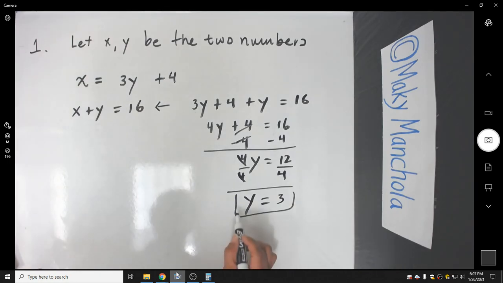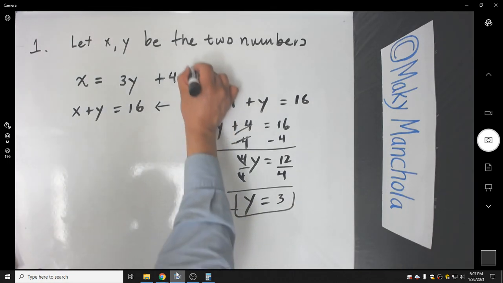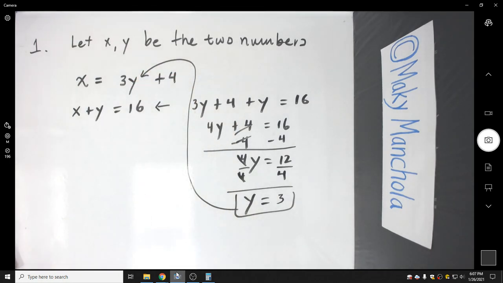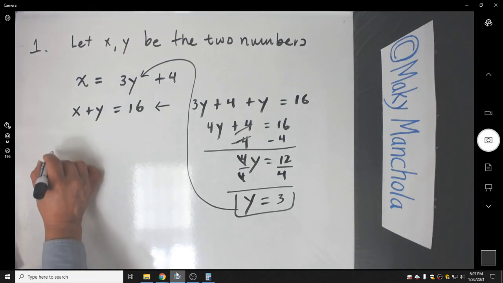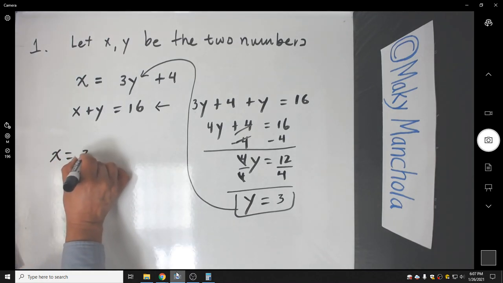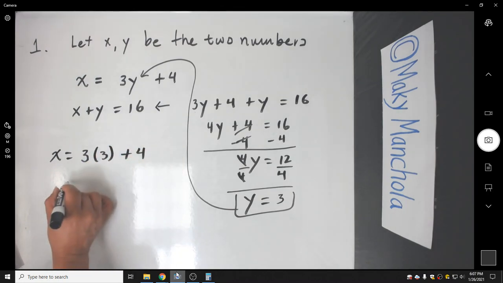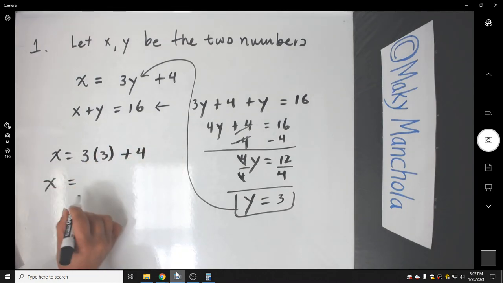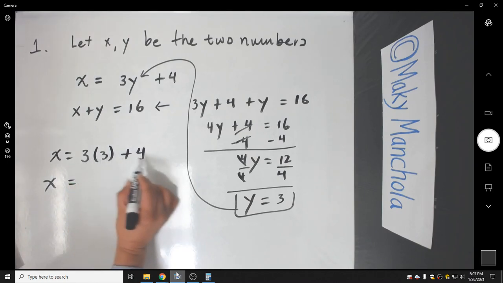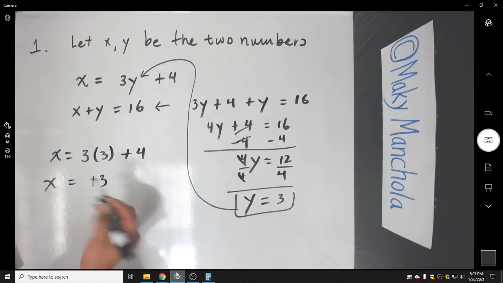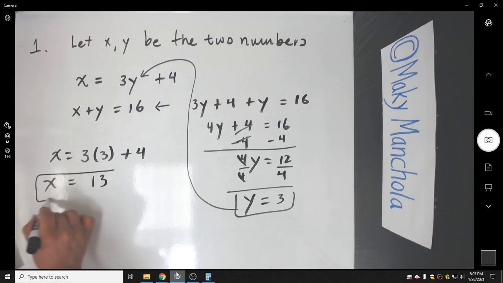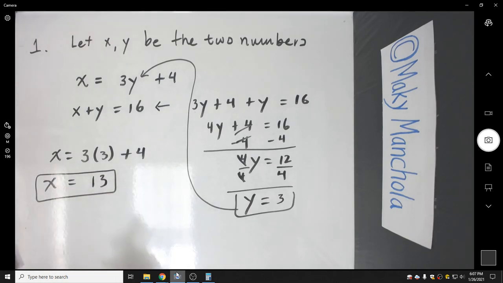Now that we have y, we can take that value and plug it in to obtain x. So we now have x equals 3 times y, which is 3, plus 4. So that results in x equals 9 plus 4, which is 13. So here are our two numbers. x is 13, y is 3.